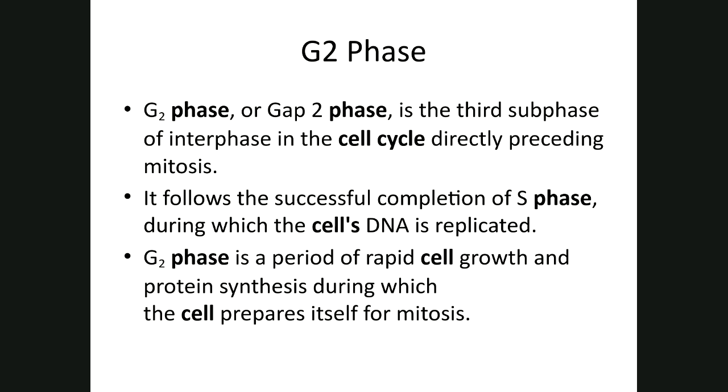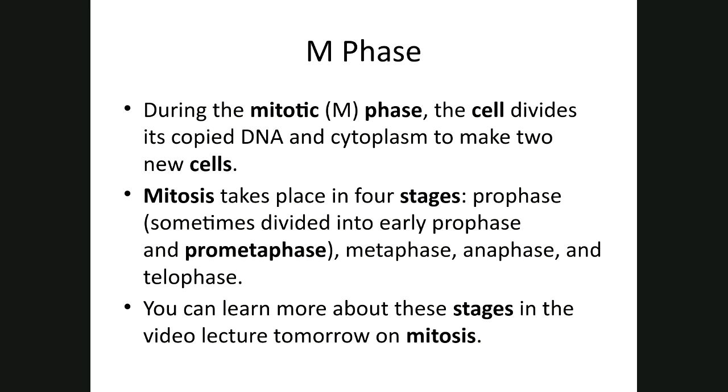Okay, now we are going to learn the M phase, which is known as the mitotic phase. The cell divides, copying DNA and cytoplasm to make two new cells. Mitosis takes place in four stages: prophase, sometimes divided into early prophase and prometaphase, then metaphase, anaphase, and telophase.